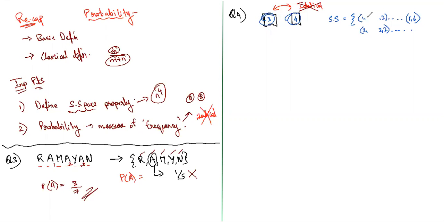You have to consider them as two different objects for the sake of calculating probability. So you have to keep them separate, and yes, the sample space will actually be 36. With a 36 element sample space, what is the number of favorable events? Sir, it is 1,6; 6,1; 5,2; 2,5; 3,4; 4,3.